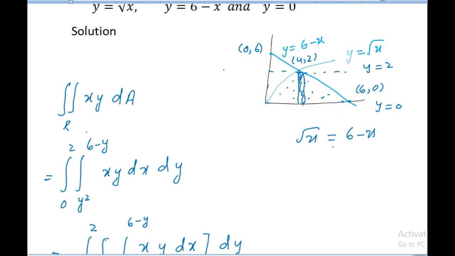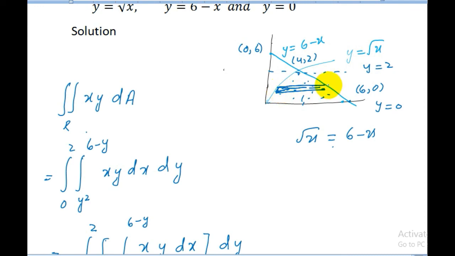For the variation of x we take a strip parallel to the x-axis. On this strip we can see that y varies from under the root x to y equal to 6 minus x, but we have to find the value of x.